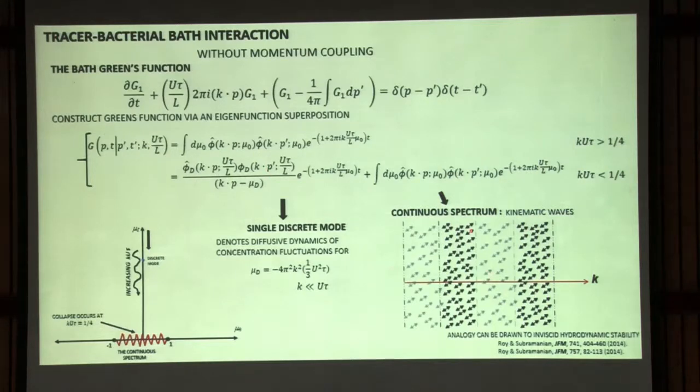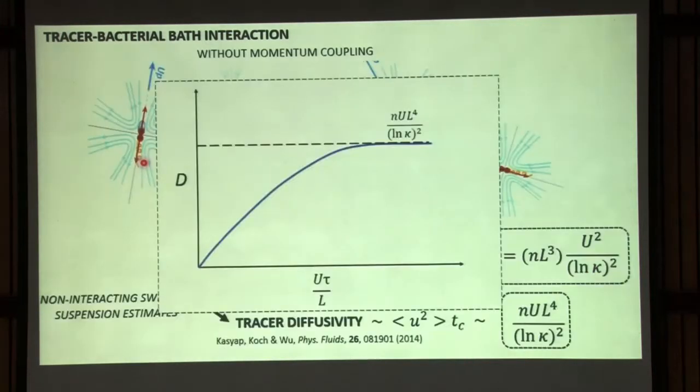These are force dipoles aligned in a certain direction, and they swim, and the wave just moves along with the swimming bacteria. The Fourier mode moves along this direction with the swimming speed projected along k, and there is a continuum of these modes which, with the discrete mode, make up the entire dynamics. Then you include the continuous spectrum and the discrete mode in the Green's function.